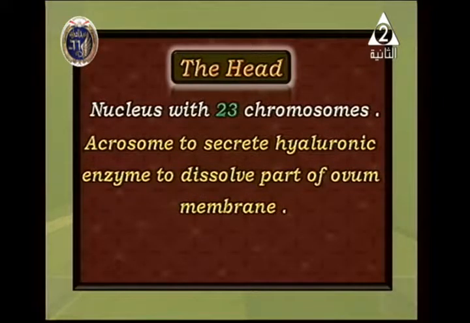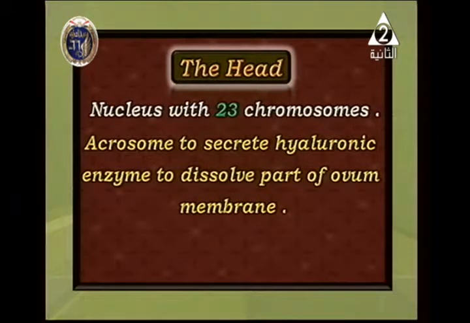And it also contains a chromosome to secrete hyaluronic enzyme to dissolve parts of the ovum membrane. What does it mean? It is an enzyme we need it to secrete, called hyaluronic enzyme. This enzyme has the ability to dissolve what?